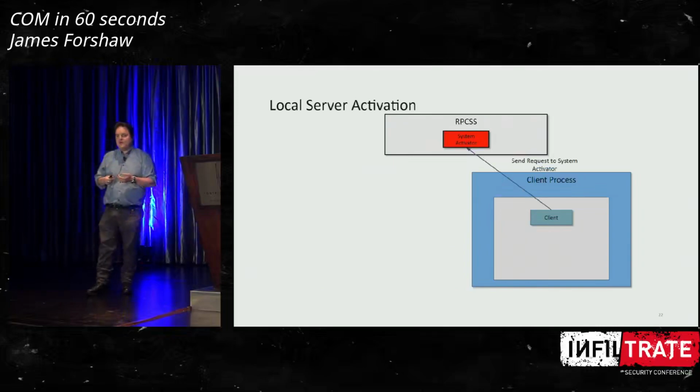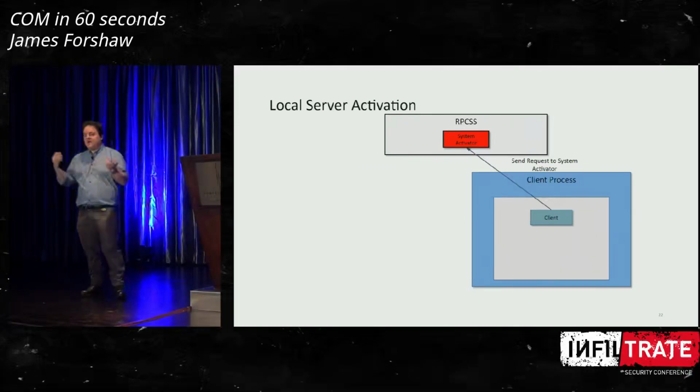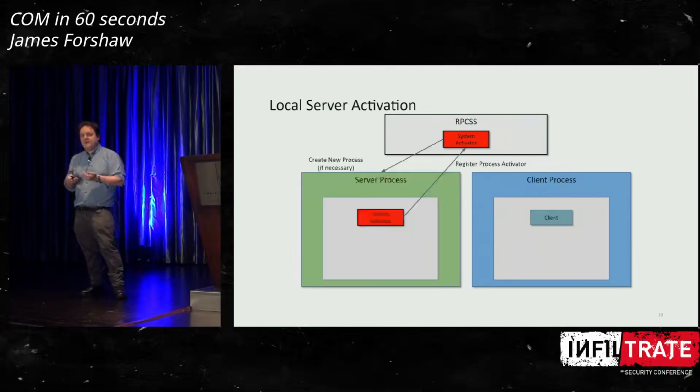So what happens under the hood? A client process says, I want to create this class. I know it's out of process, so it talks to something called the system activator in RPCSS. RPCSS will create a new process if it needs to. If it's already there, maybe it can just utilize what's already there. And the server process registers its own system activator back with RPCSS.